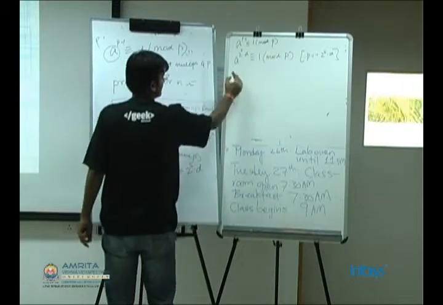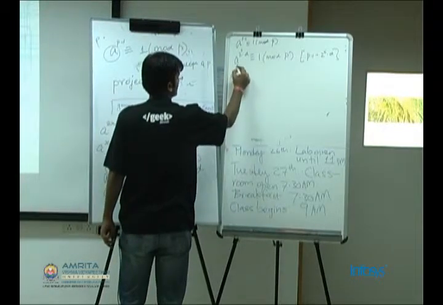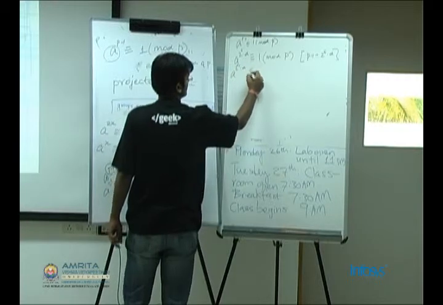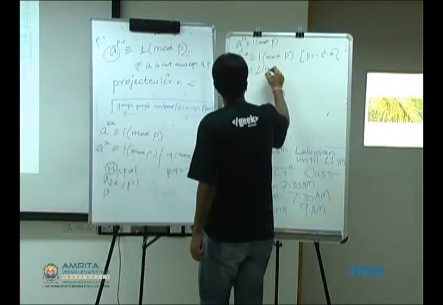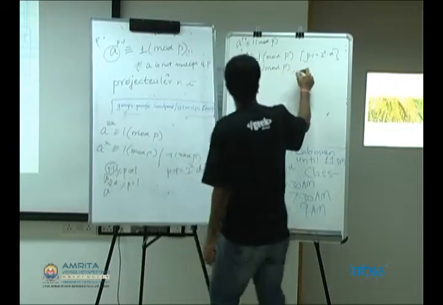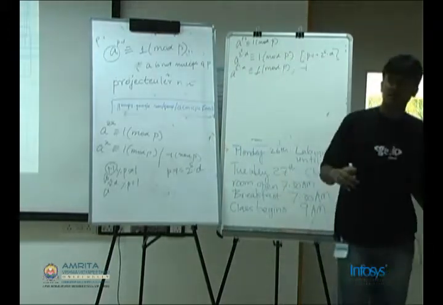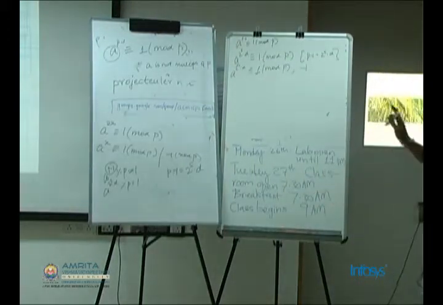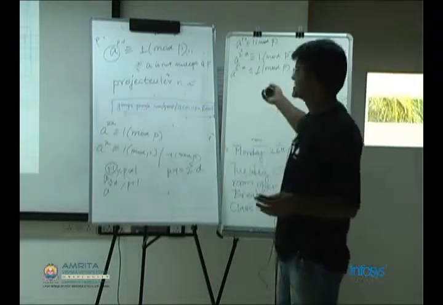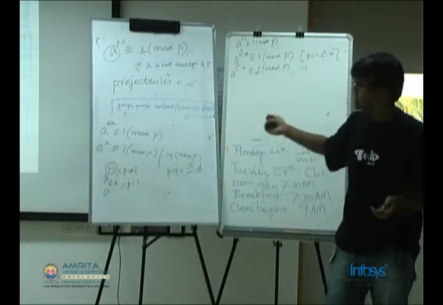Now if we halve the power, we should either get 1 or minus 1. If we get anything else, we are sure that this number is certainly not prime. So this is the basic idea.